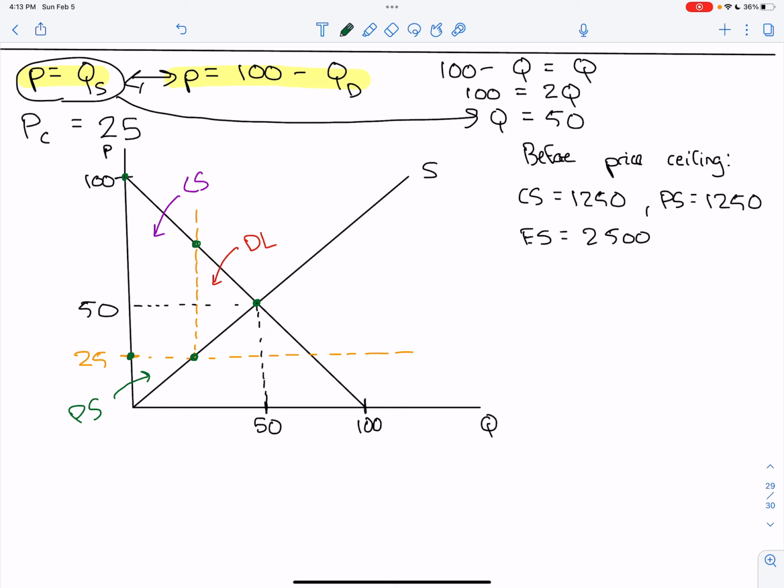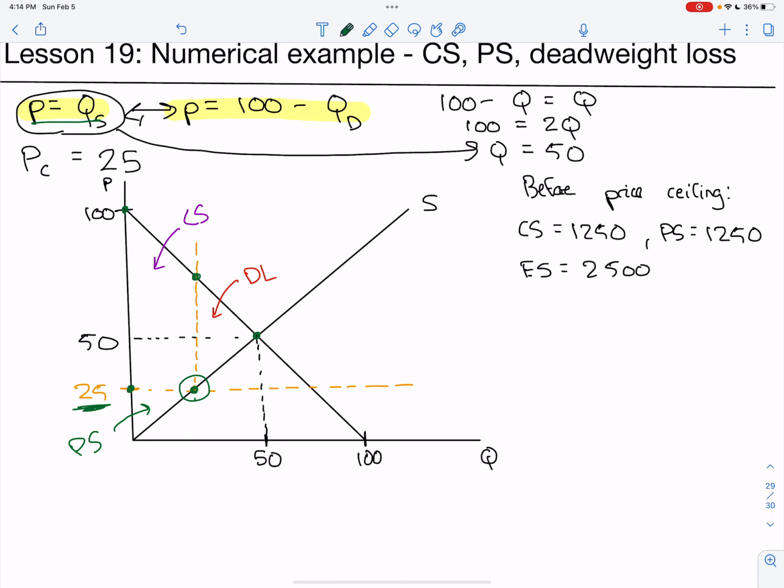Okay, so let's start with any one of these points. How do we find this point here? Well, the supply curve, right? So this is just the price of 25 on the supply curve, right? Our supply curve is just P is equal to QS. So this Q over here is also going to be equal to 25, okay?